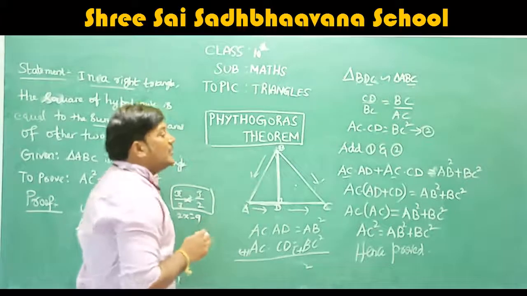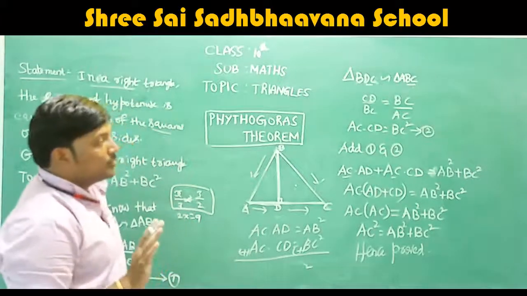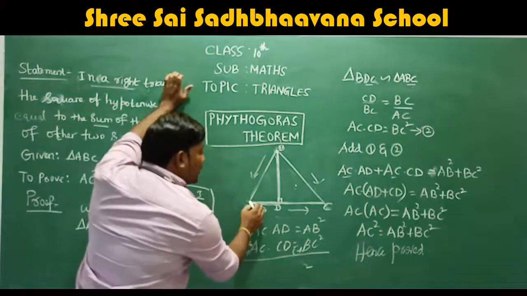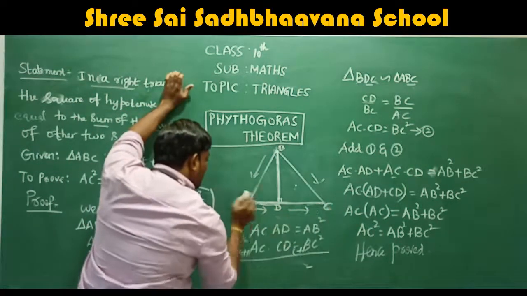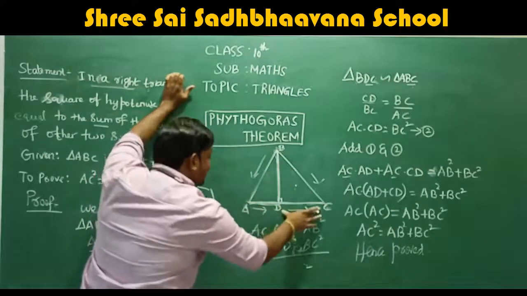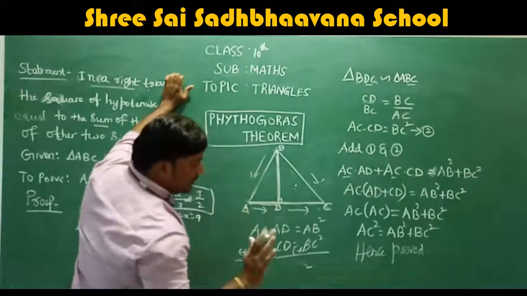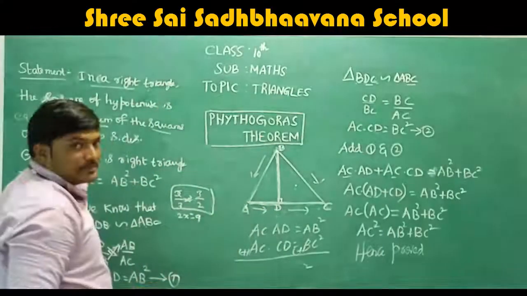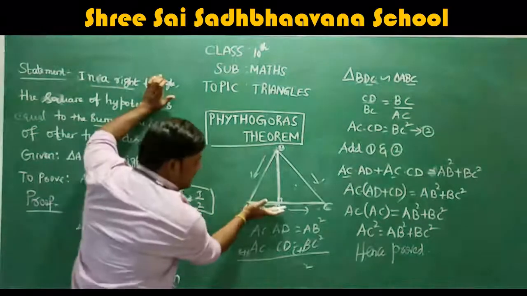So why are we taking only these two triangles? I told you clearly, guys. Here we need the sides which are on the hypotenuse. What are those sides? AD from the triangle ABD and DC from the triangle BDC. So that is the reason we need AD. We need only this side and this side.